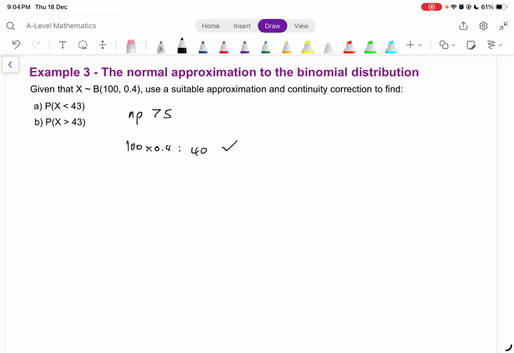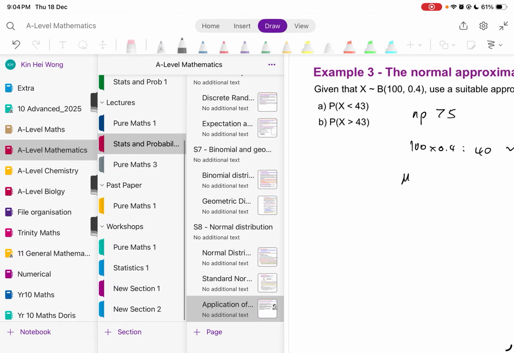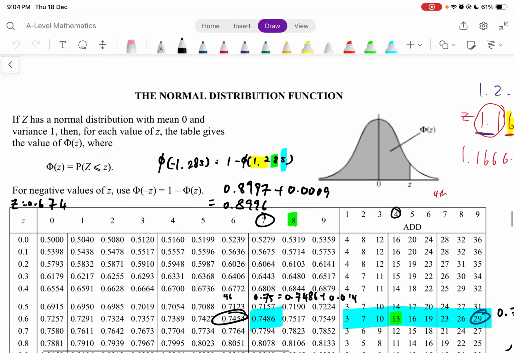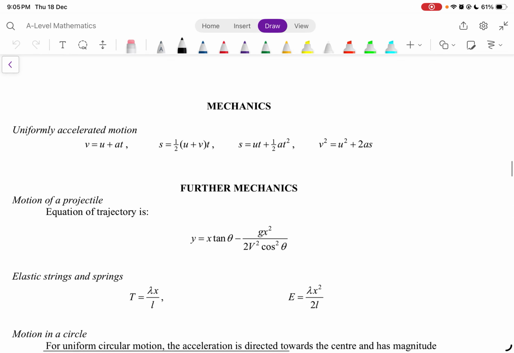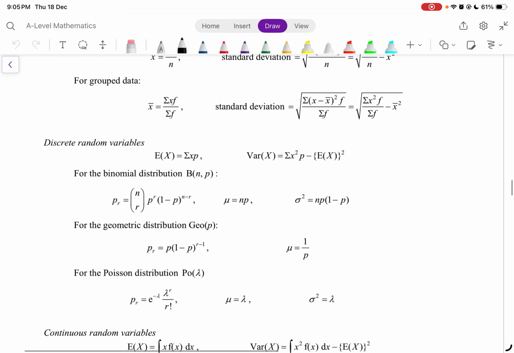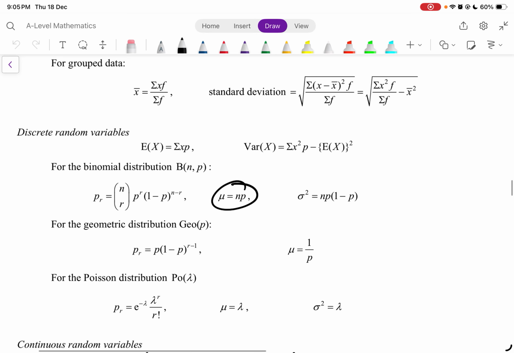Okay, so as we expected, if we use our formula sheet, we can see what our expected value is. For binomial, the mean is np, and the standard deviation, or maybe not, the variance, is np(1 - p), or npq.